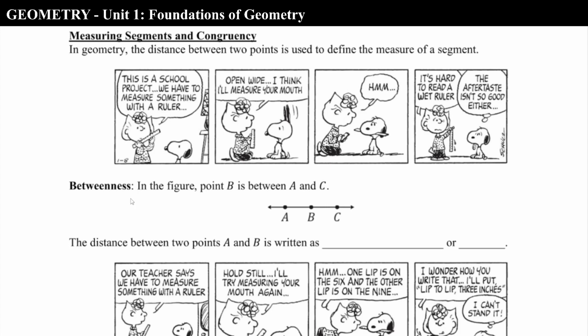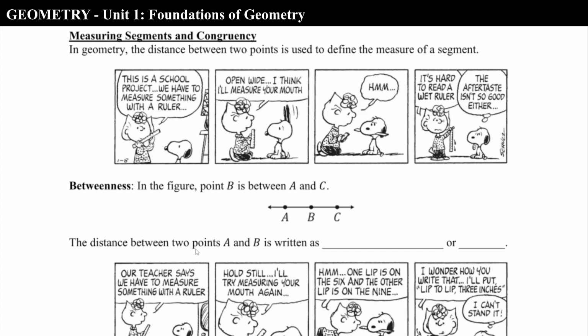Now, betweenness. In the figure, point B is between points A and C. You'll find a lot of times in math, we are not very creative in how we name things. So betweenness is something that is between two other things.